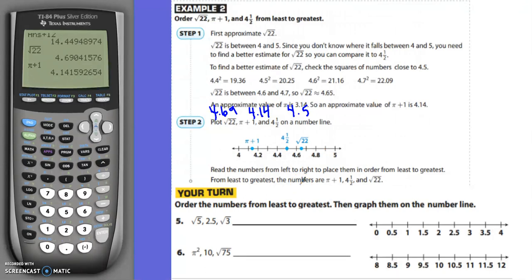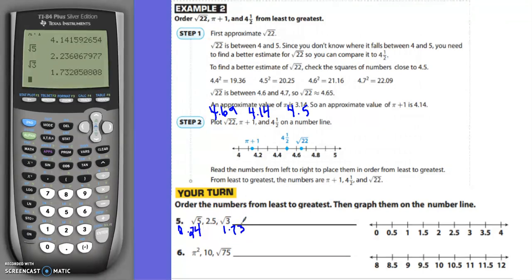Okay, the square root of 5 is going to be about 2 and 24 hundredths. 2 and 5/10 is just 2 and 5/10. And then lastly, the square root of 3 is going to be about 1 and 73 hundredths.